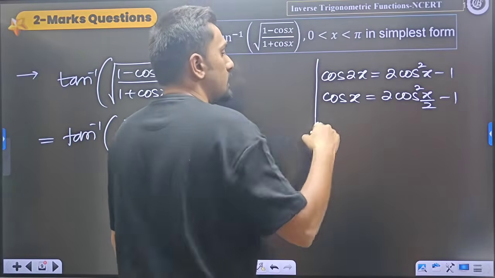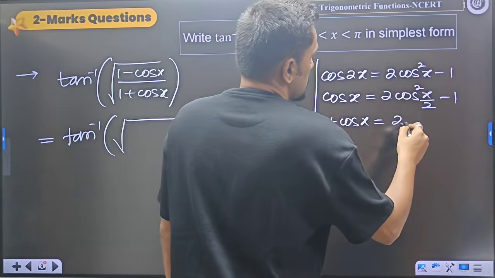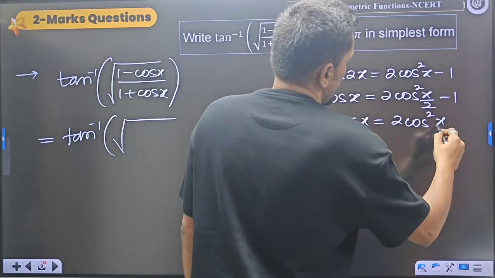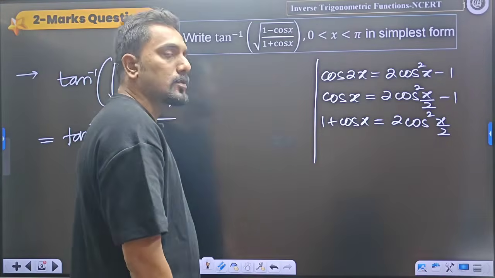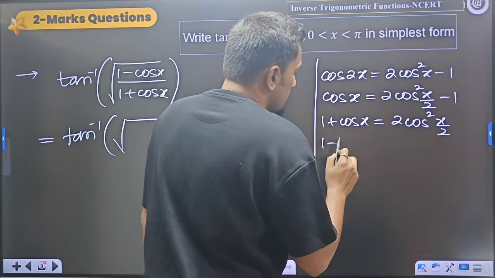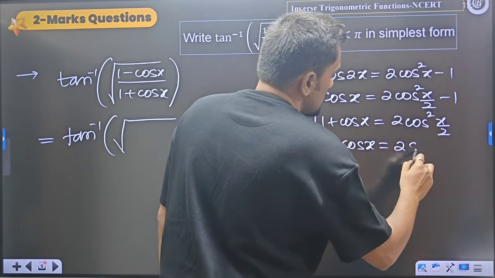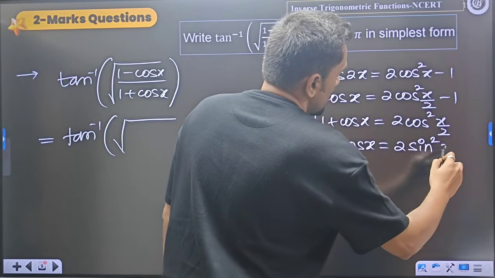Bringing this minus 1 to this side, 1 plus cos x equals 2 cos square x by 2, right? Then what does 1 minus cos x become? 1 minus cos x is equal to 2 sin square x by 2.